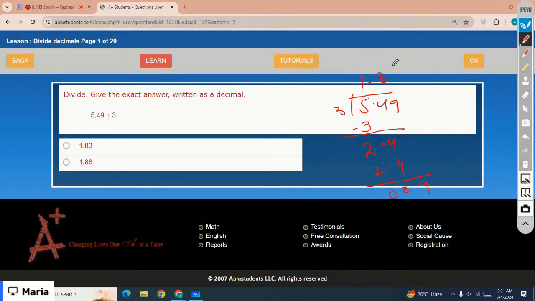So 3 times 3 is 9. The correct option is 1.83. Got it?